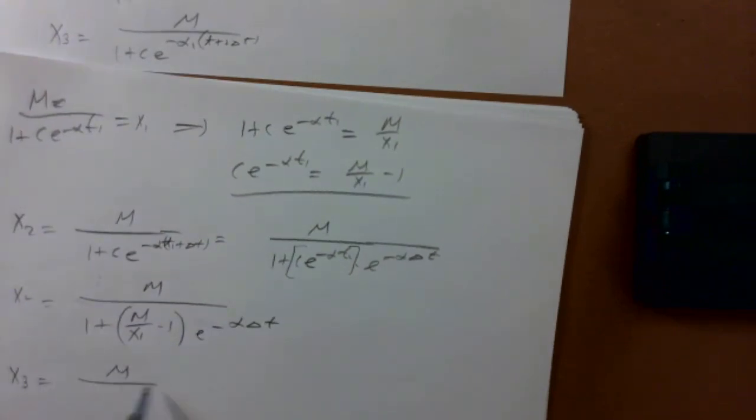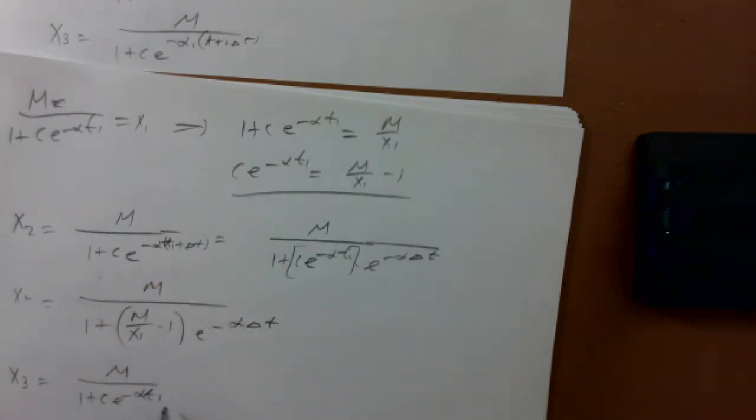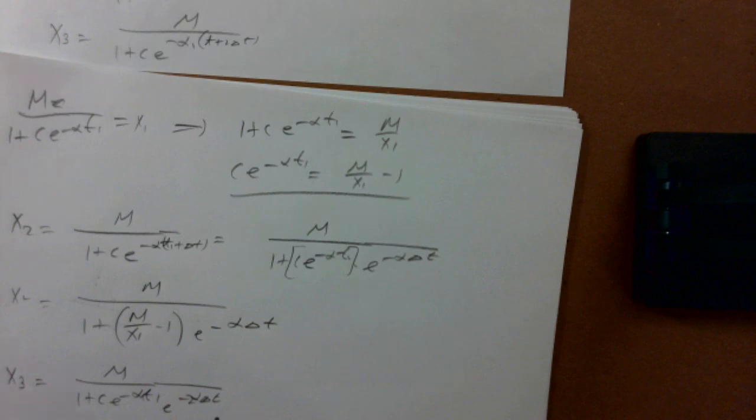X3 is m over 1 plus c e to the minus alpha T1 plus 2 delta T times e to the minus 2 alpha delta T. Now, let me try and do it just slightly differently.